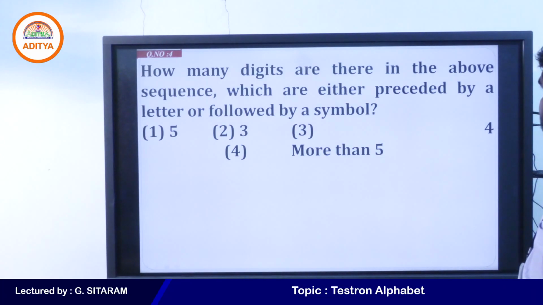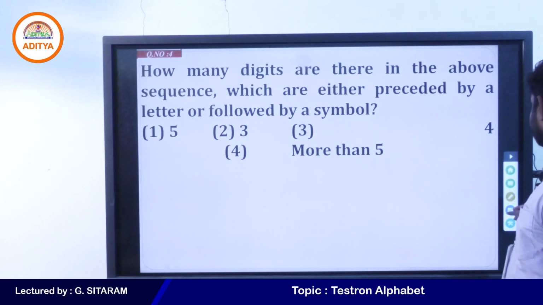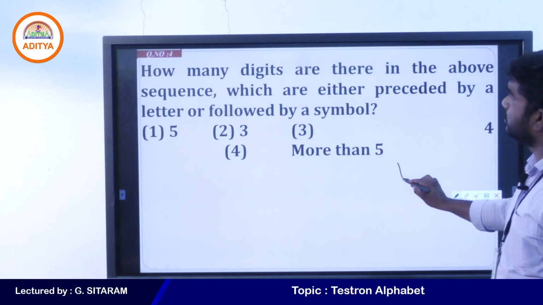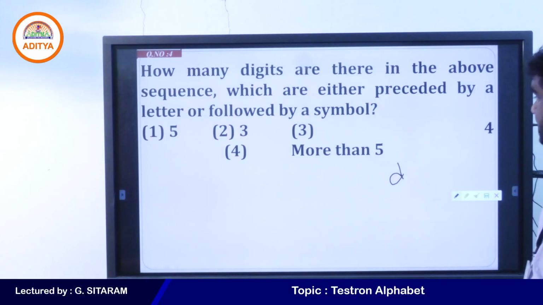How many digits are there in the above sequence which are either preceded by a letter or followed by a symbol? Just note down this question. How many digits are there? You have to find the digits. Digits in the sense numbers.